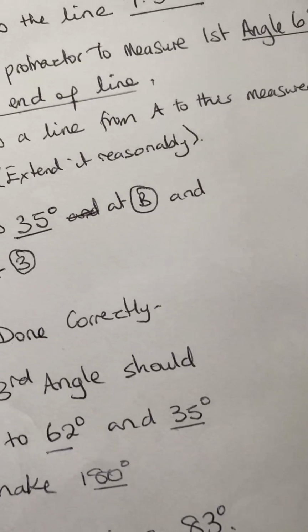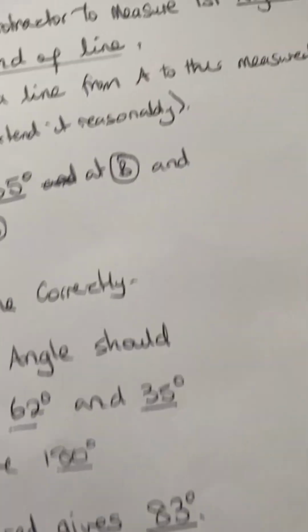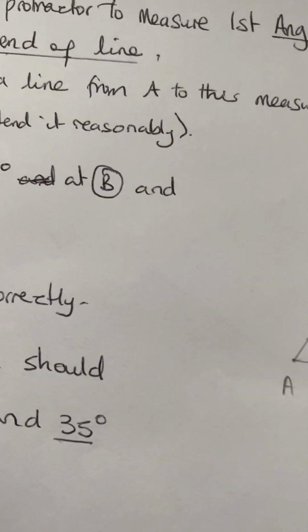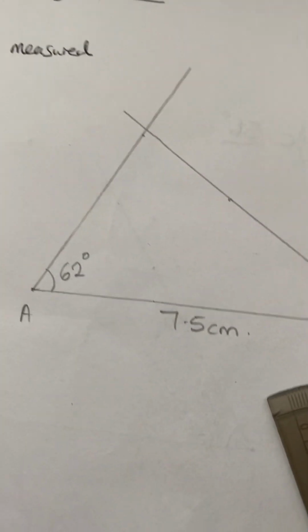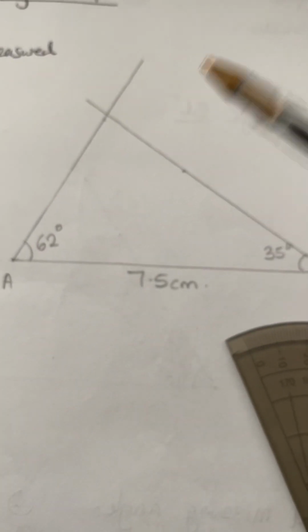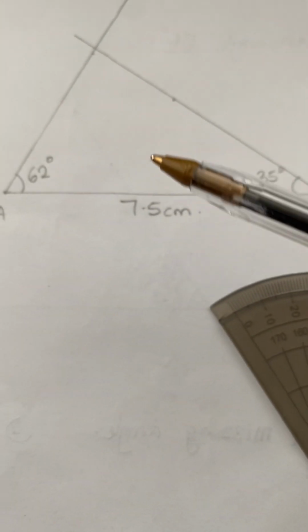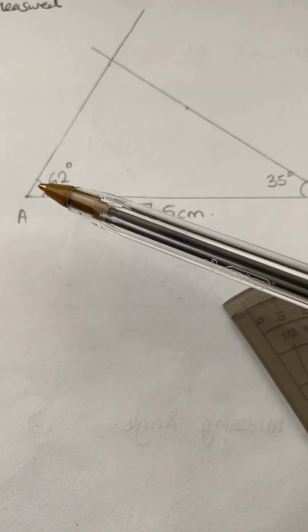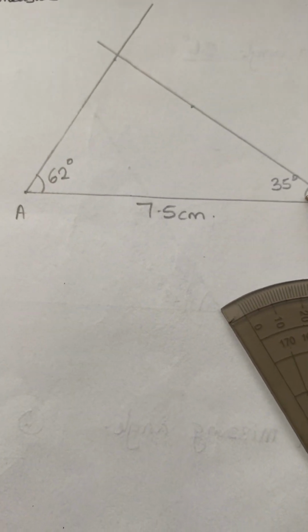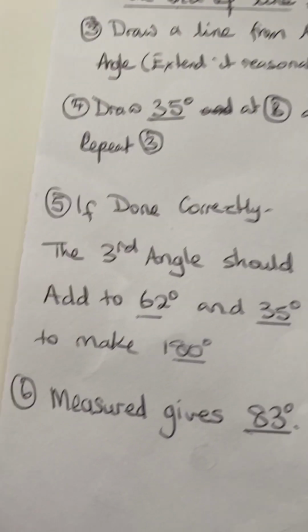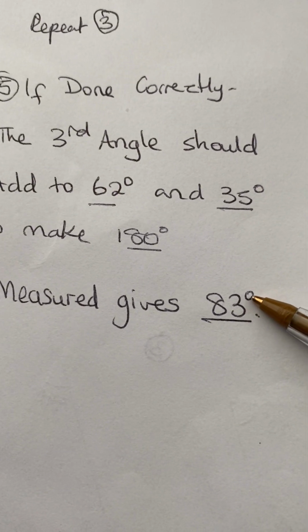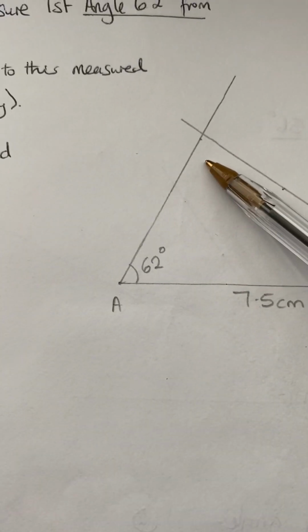Now, as we just saw in the starter, the angles in a triangle add up to 180. So if you take 62 and 35 from 180, you should get 83, which we've just measured.